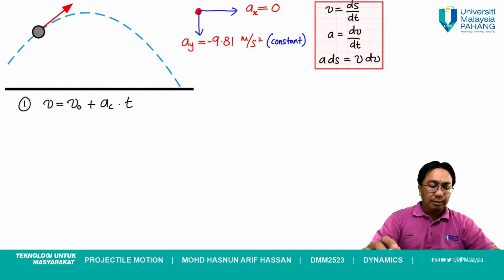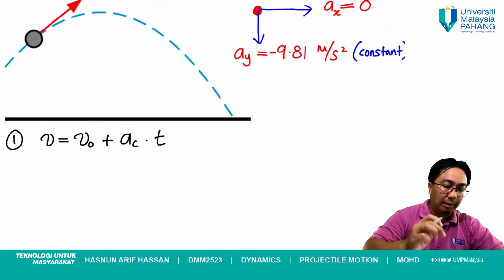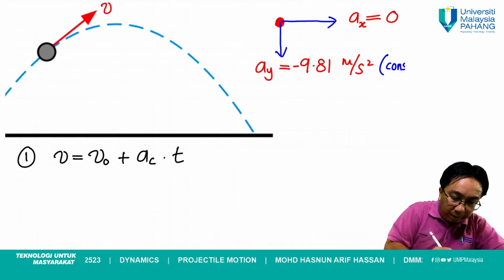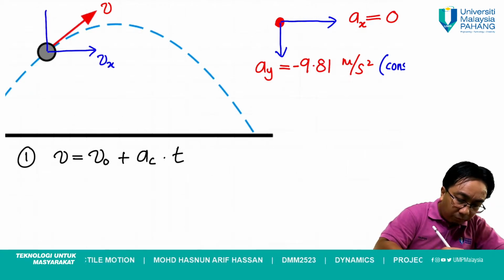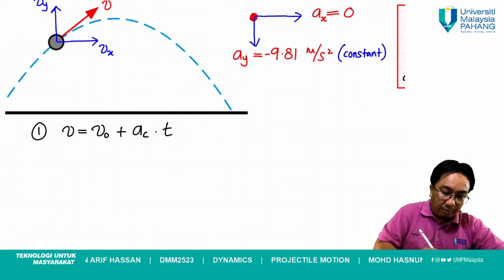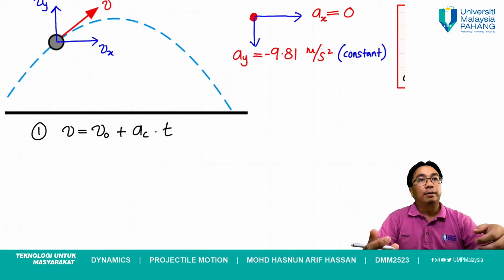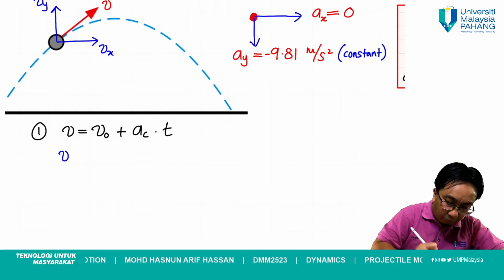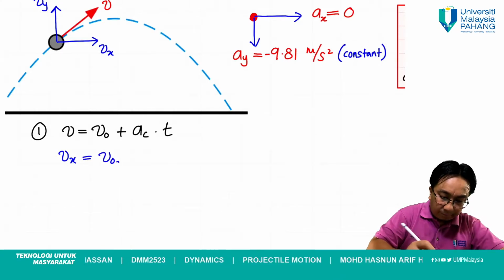Okay, tadi sekarang kalau kita lihat V, kalau kita patah balik ke atas ini, V ialah di sini dan setiap V tu ada komponen Vx dan ada komponen Vy. So basically equation yang bawah ini kita boleh terbitkan dalam kedua-dua aksis juga, x dan y. So let's look at Vx. Vx sama dengan V0x.